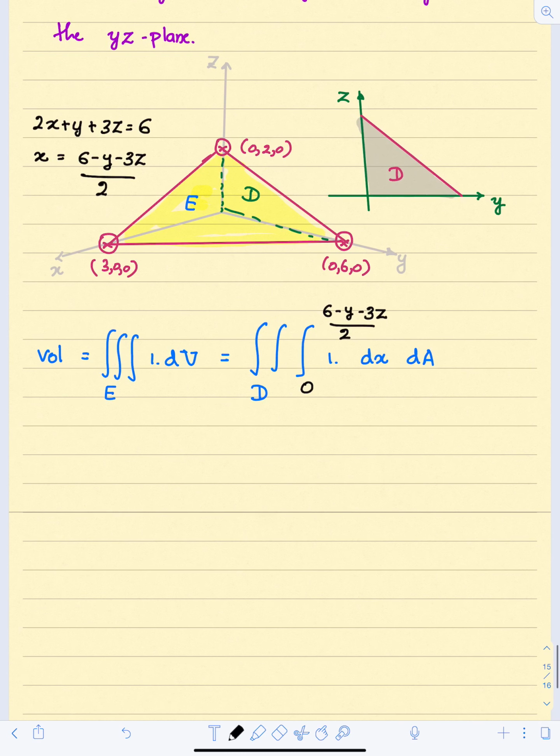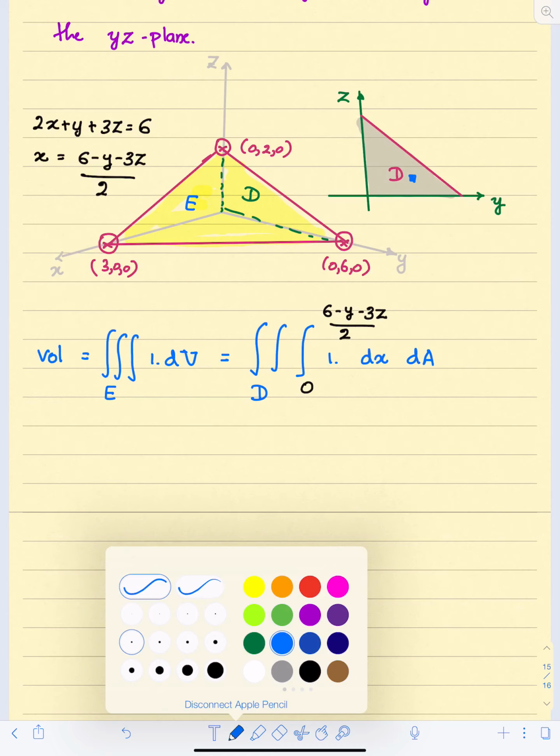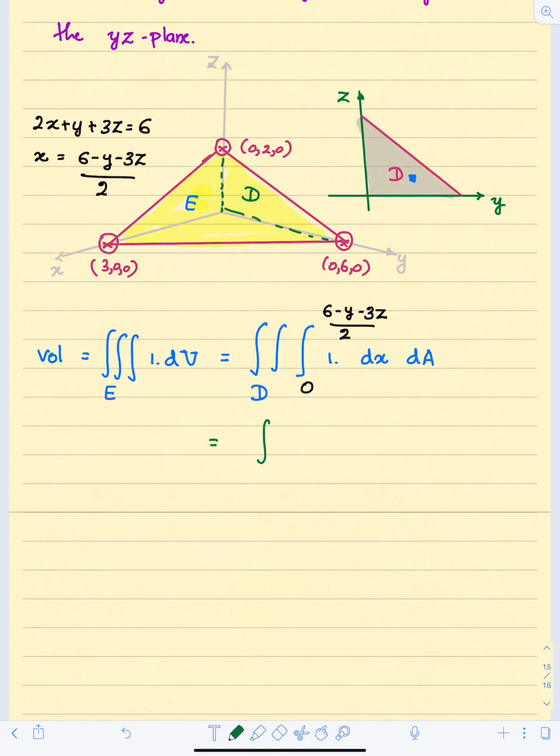Okay, now we want to figure out the limits of these two integrals. To find those four limits, let's consider this domain D. Now if I consider an area element, then the limits of the two outer integrals can be written like this.